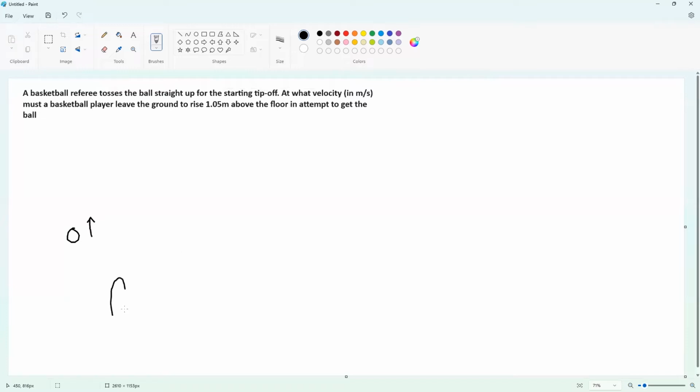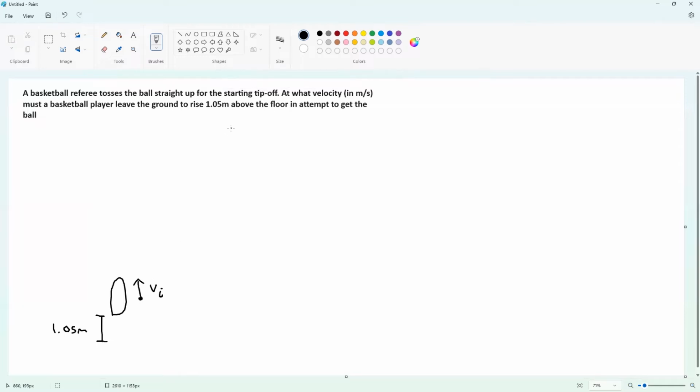So we have a basketball player, and we need them to jump up with some velocity so that they get this high off the floor, which is 1.05 meters above the floor. So this basketball does not factor into our considerations very much. So I'll just remove that for the sake of this.